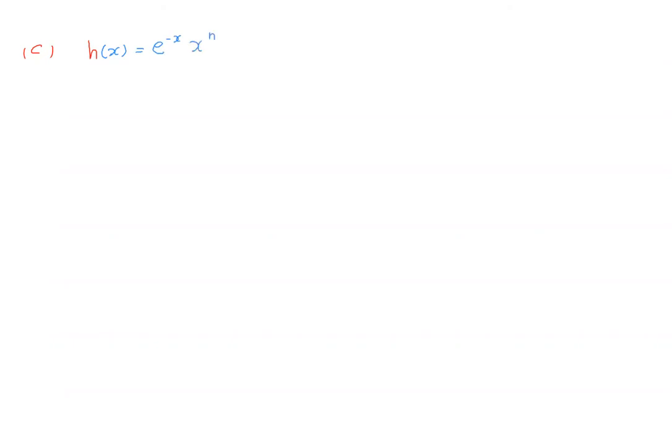Now to find h double prime x, you have to get the rate of change of hx first, then after that, do the rate of change again. What rule do you need to use? You need to use product rule because it's a product of two functions. So this is your u, this is your v.